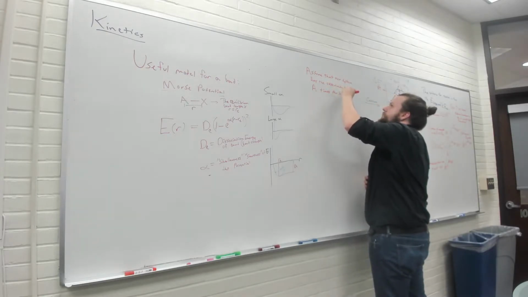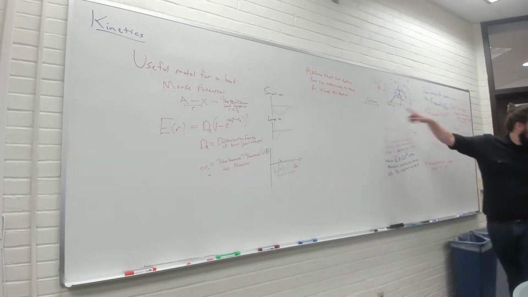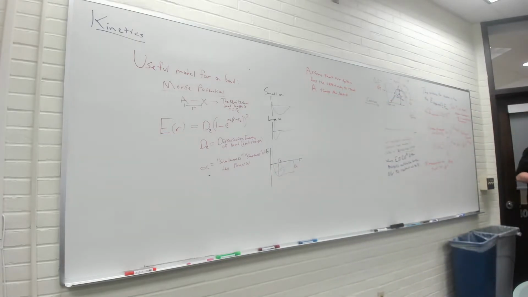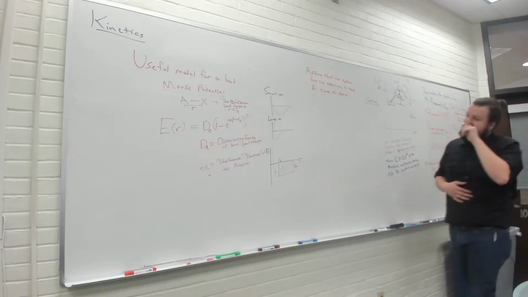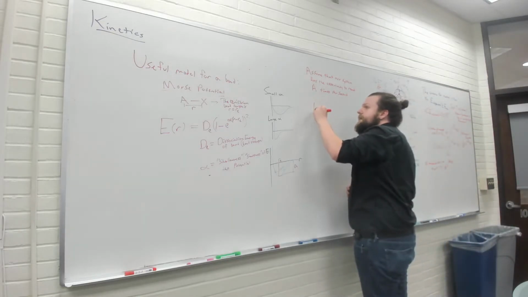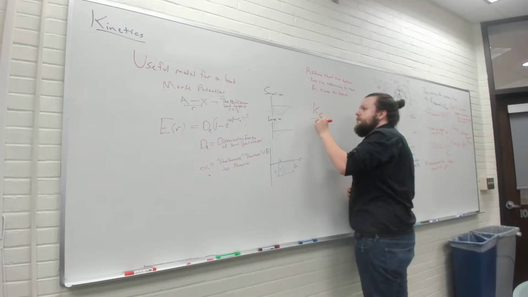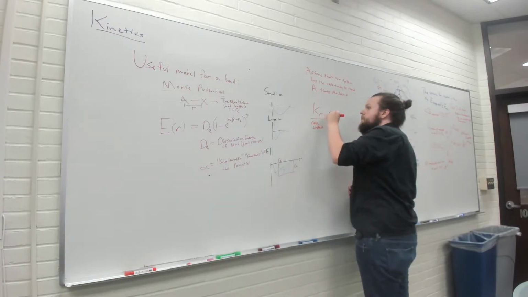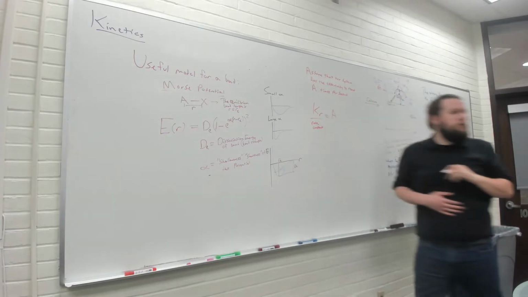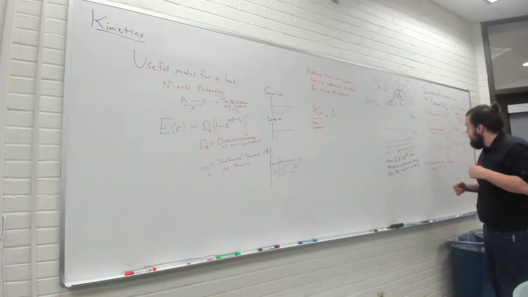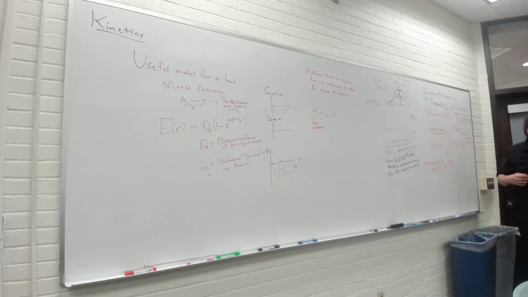On average, if this requires a collision, then A collisions happen per second. And what we can write is that the rate constant is equal to A, the number of collisions or possible collisions per second, times the molecules that can react when they collide.